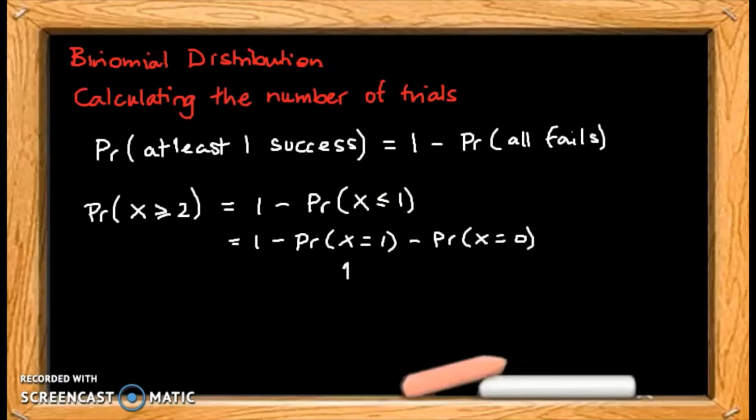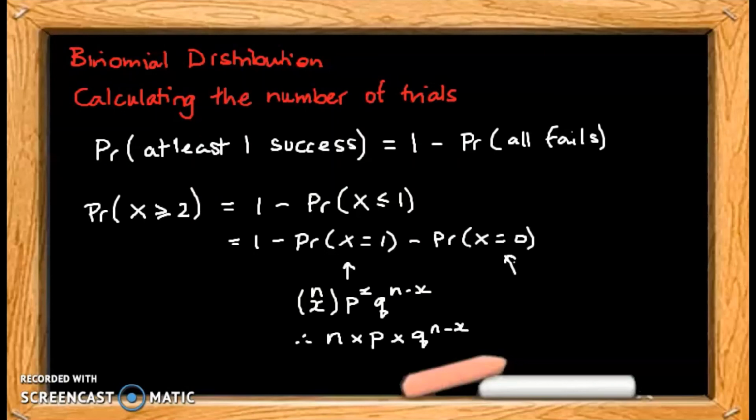And generally, we can work this out by remembering this is going to be nCx, where x will be 1, of p to the x and q to the n minus x, which will equal n times p times q to the n minus 1.